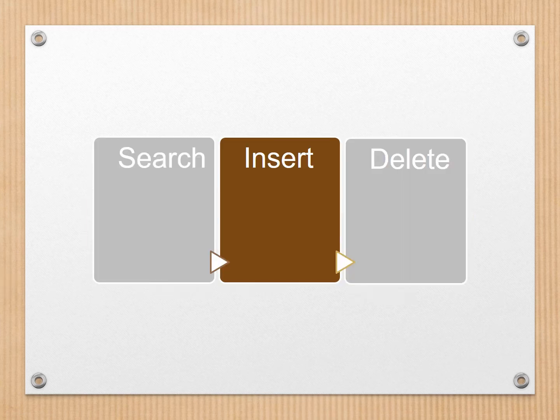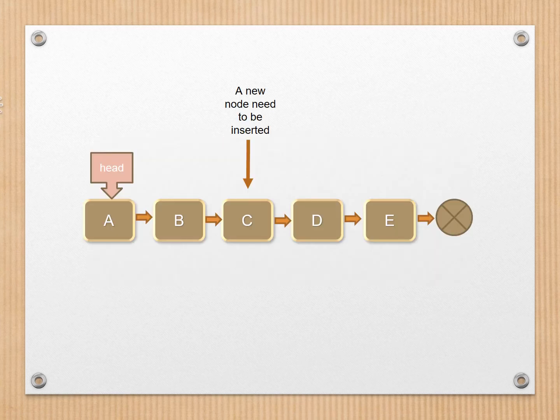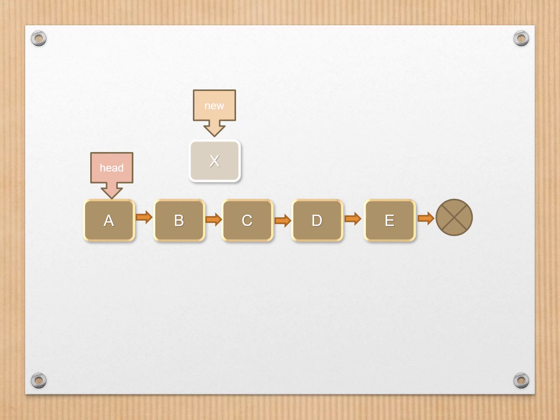We will now see how we insert new nodes in a linked list. Suppose we need to insert a new node as the third element. We are inserting the node X. X is marked by the pointer new. First, we will traverse the list from the head pointer until we find a node that points to the position to be inserted.